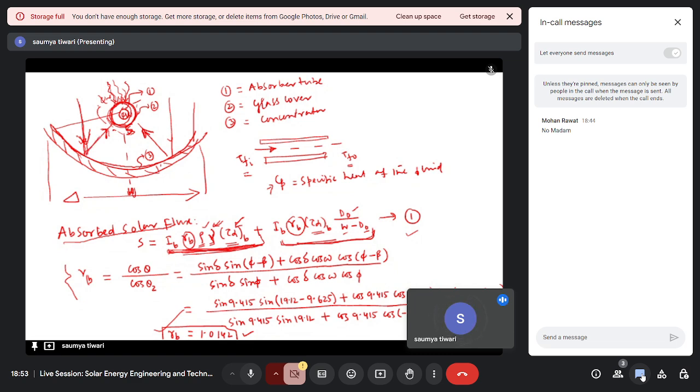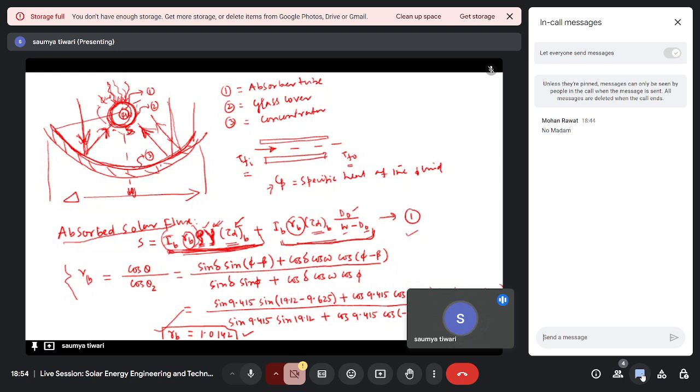So if this is IB into RB, the beam radiation incident on this reflector, the spectral reflectivity will be multiplied to account for this factor. Now, whatever beam radiation has been reflected from this concentrator, not all of it is received onto this absorber, right? So we include the intercept factor for that.